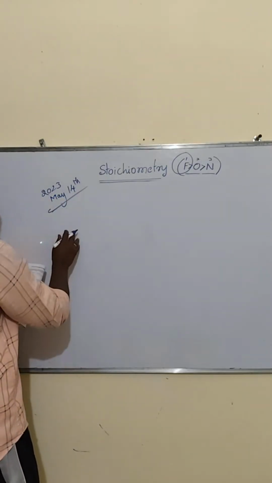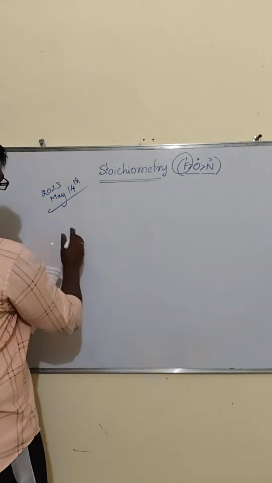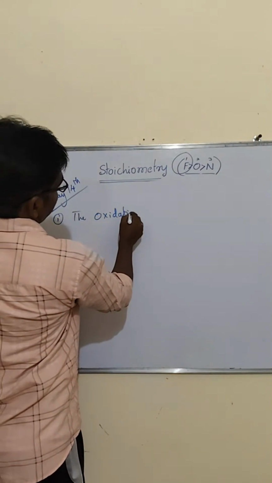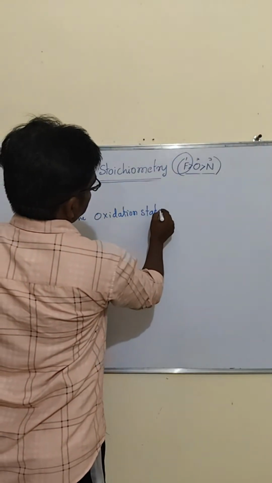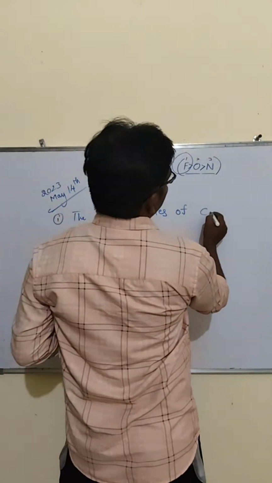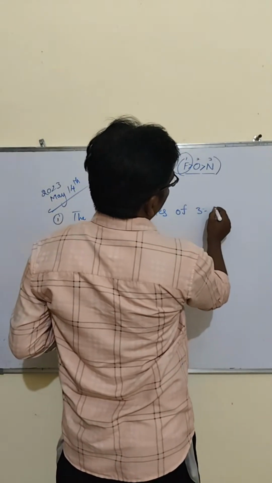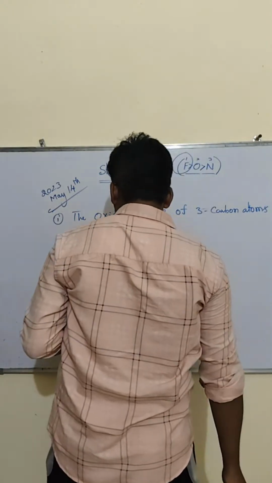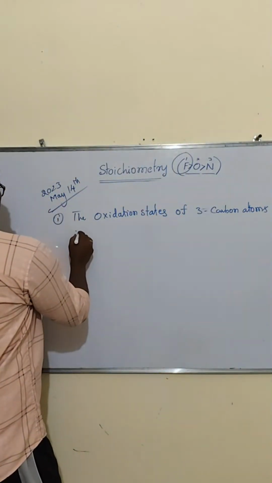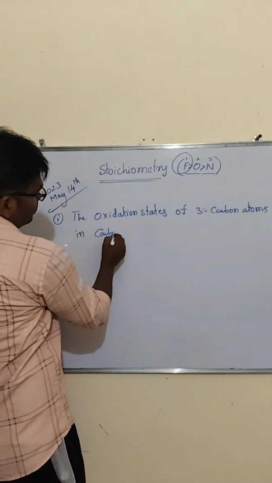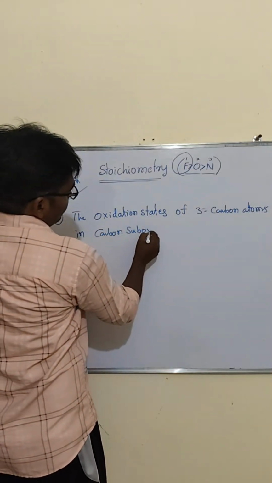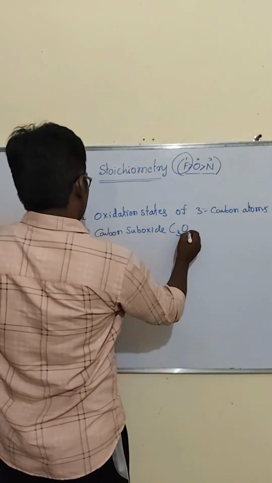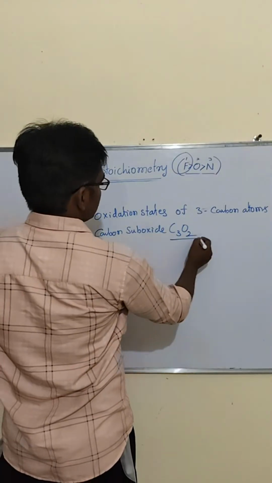That is the question: the oxidation states of 3 carbon atoms in carbon suboxide, that is C3O2, respectively.